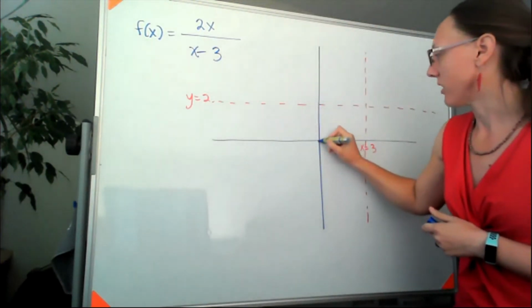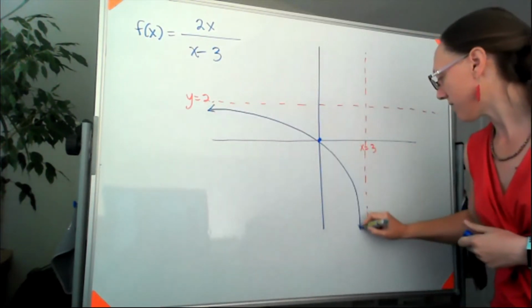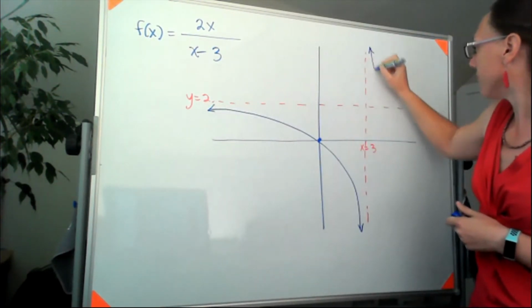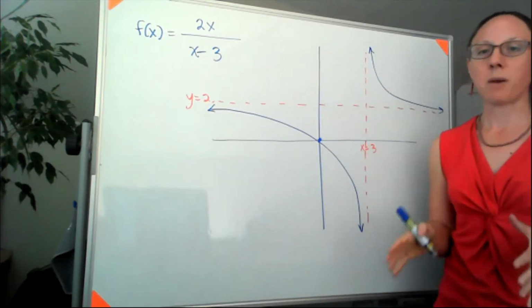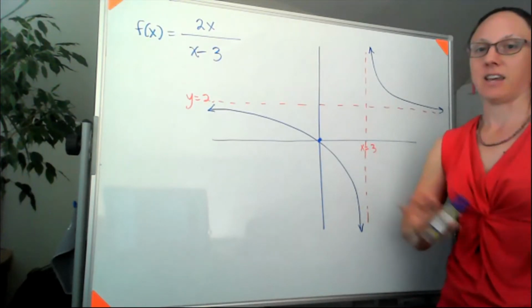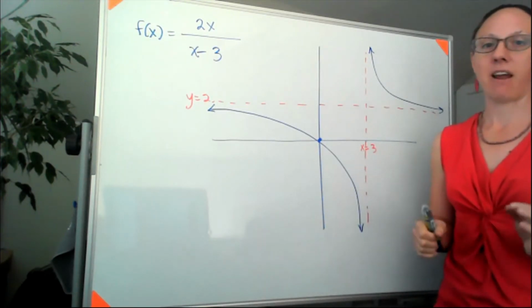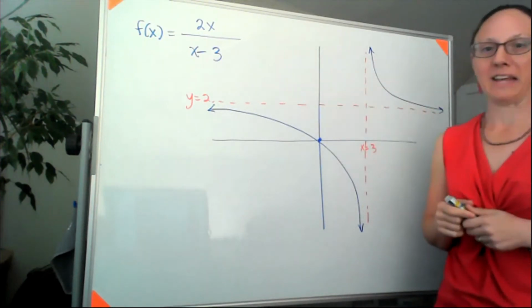And this function looks like this. We'll spend more time thinking about how to graph functions in 16A, but for now, just take my word for it. This graph should look like this.